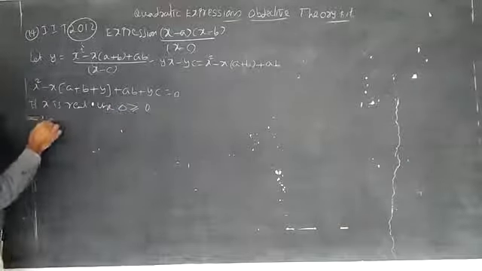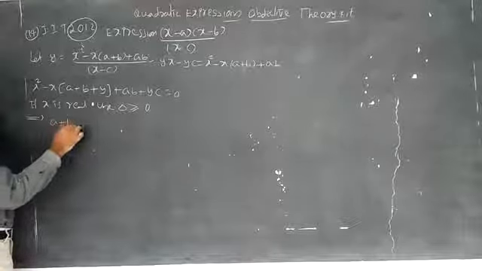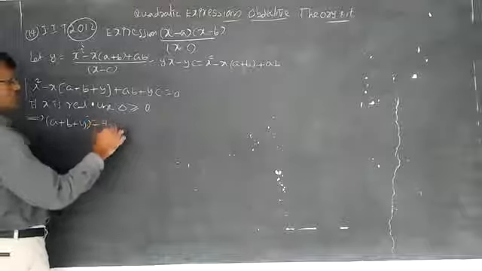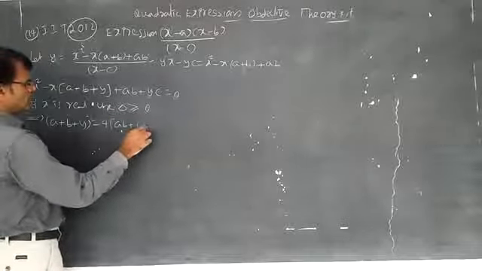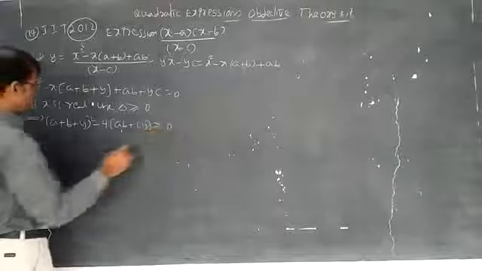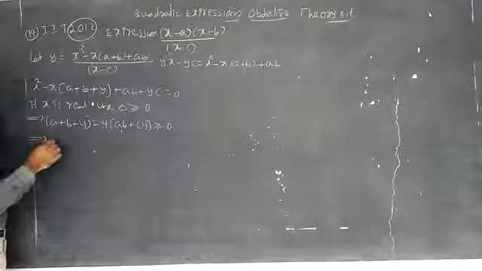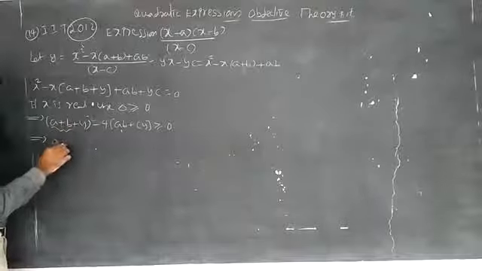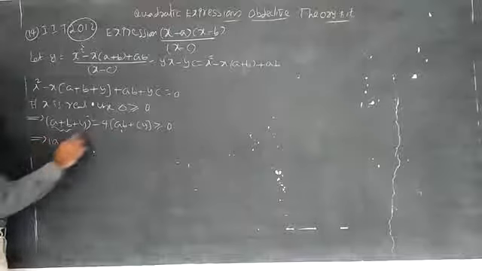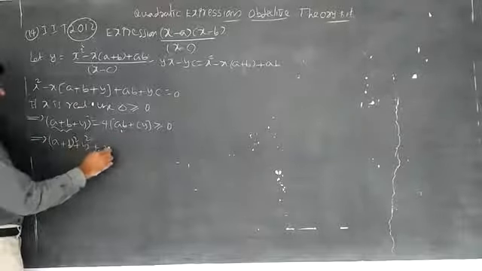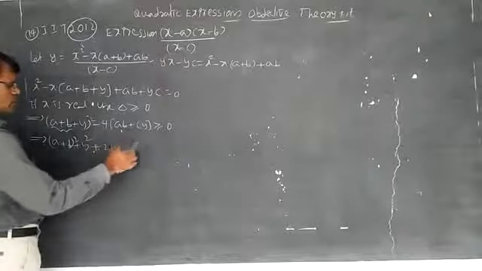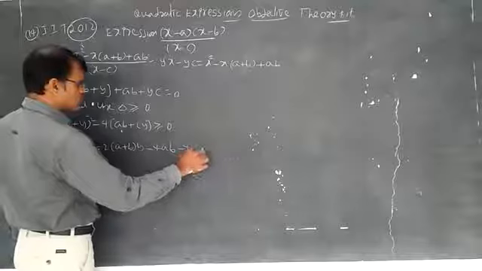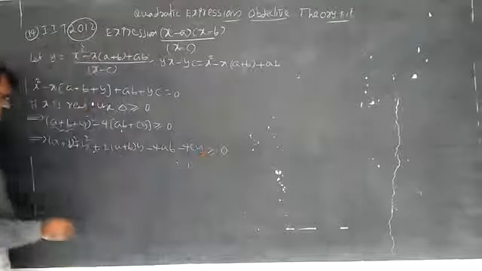That implies b square minus 4ac: (a plus b minus y) whole square minus 4 into (ab plus cy) greater than or equal to 0. Now expand this one. Students, try to understand: this is a, this is b. Now we can write (a plus b) whole square plus y square plus 2 into (a plus b) into y, minus 4ab minus 4cy, greater than or equal to 0.